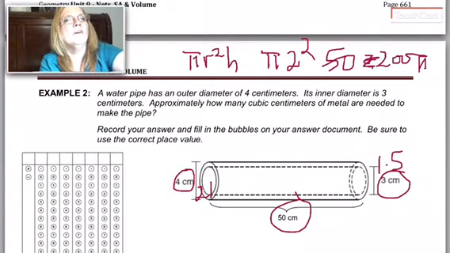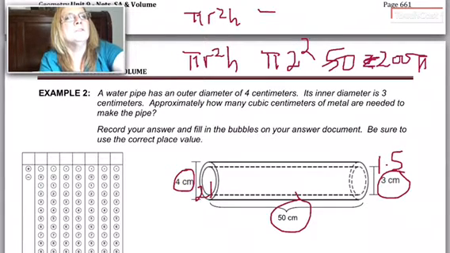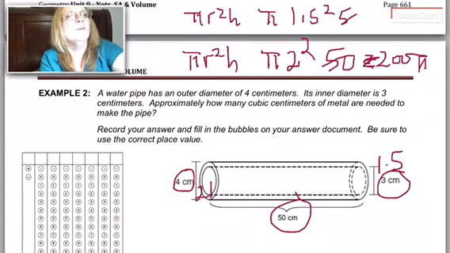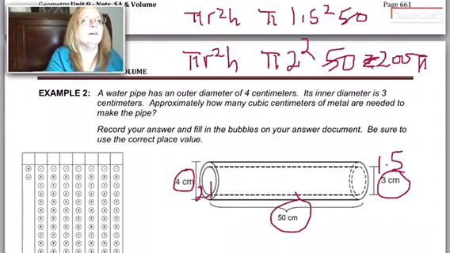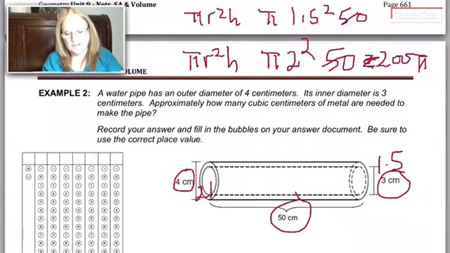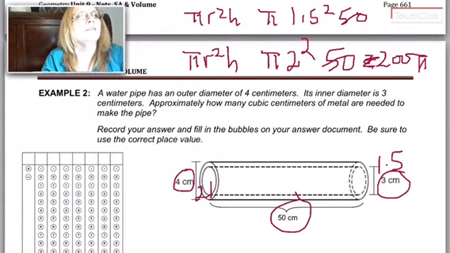So now we have pi r squared times height. So it's pi times 1.5 squared, and then it's still 50 centimeters in length. So 1.5 squared times 50 is 112.5 pi.